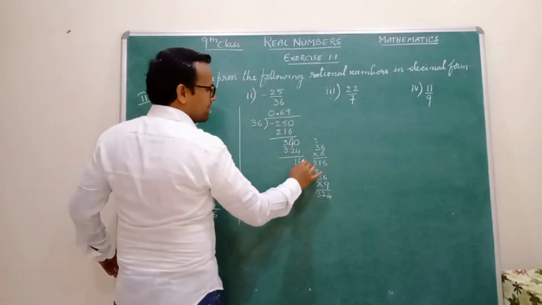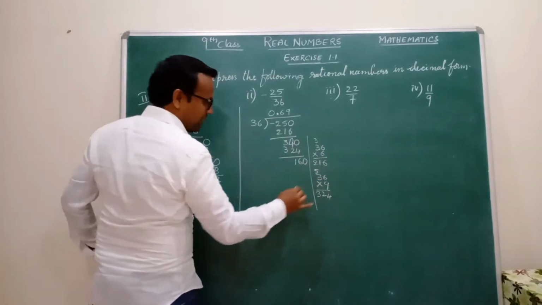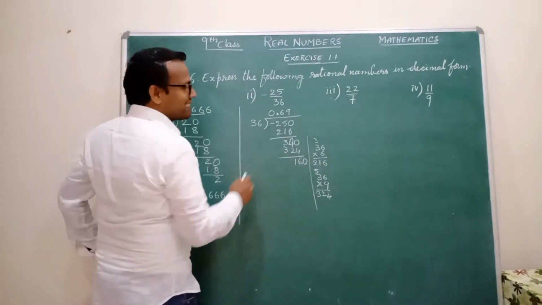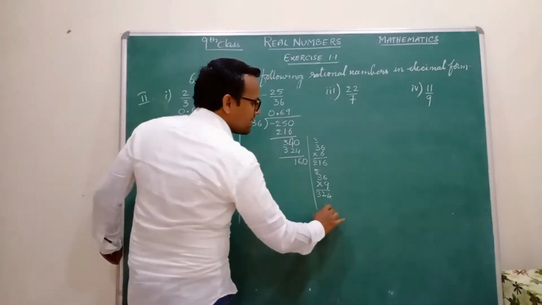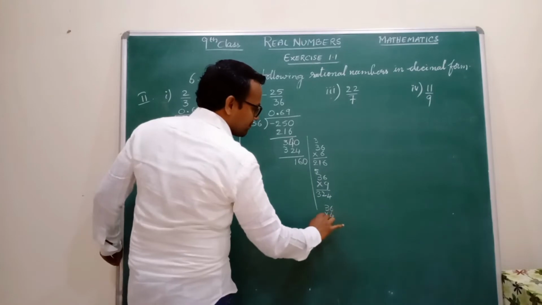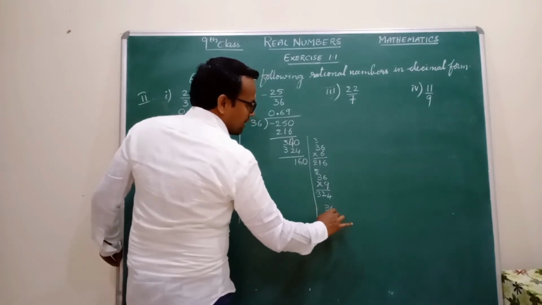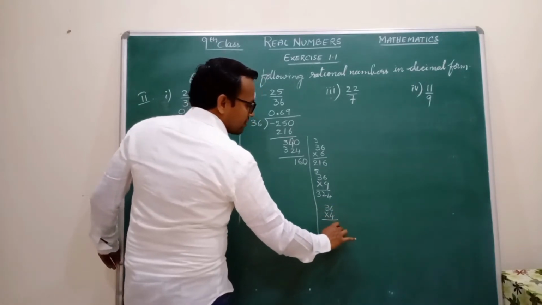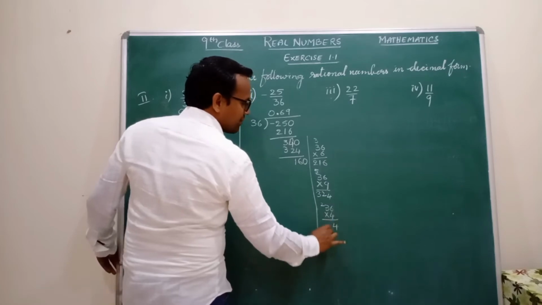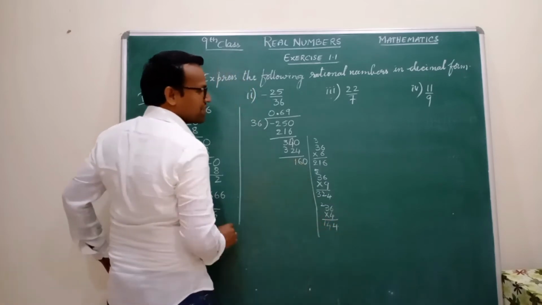Since decimal is there, you can take 0. Now 160. 36 4s are, 4 6s are 24, 4 3s are 12 plus 2, 14, 144, which is near to this.